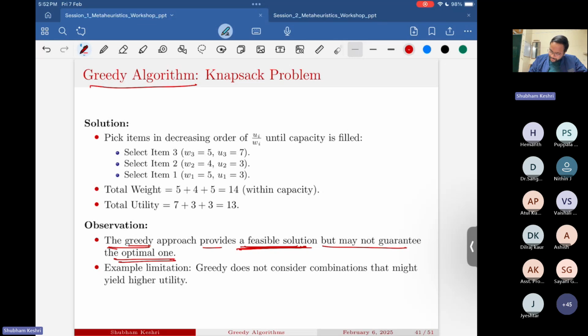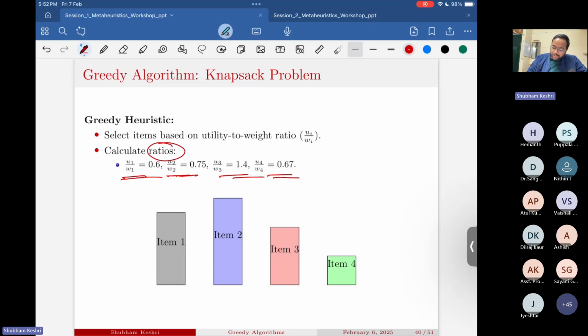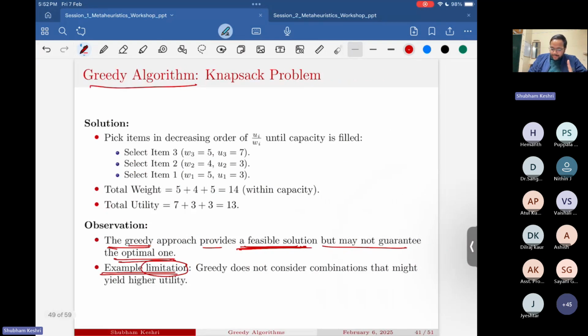Just a minute, Ajay. We will see one limitation of this approach. What approach? This ratio approach. The approach of using that ratio, utility per unit weight, has been shown to give a good feasible solution, yet it is not an optimal one. And that will be shown by an example I have taken.